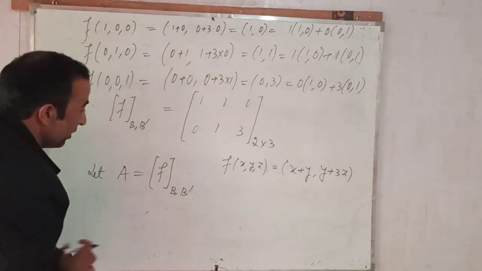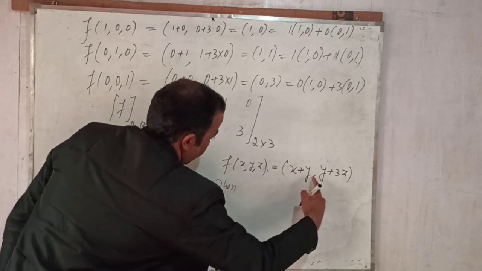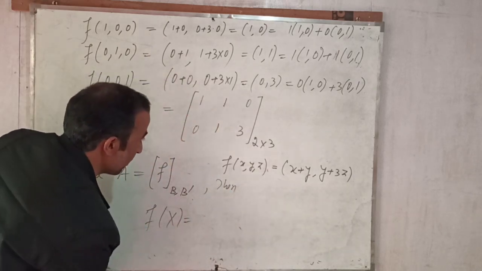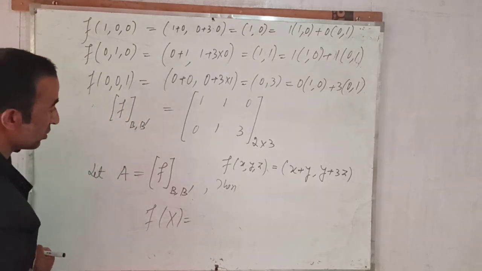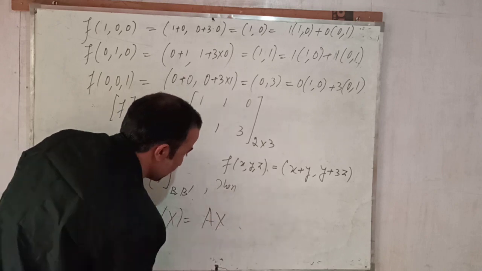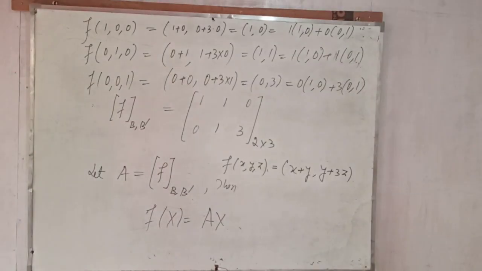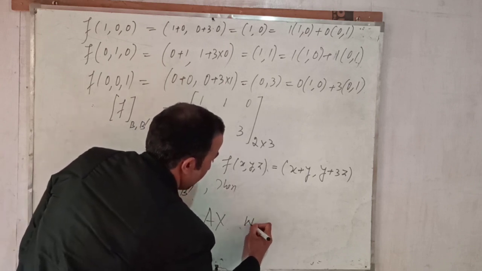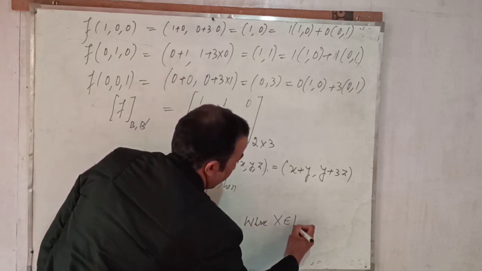If A is this, then the map f will be given by f of x equal to A of x, where x belongs to R3.